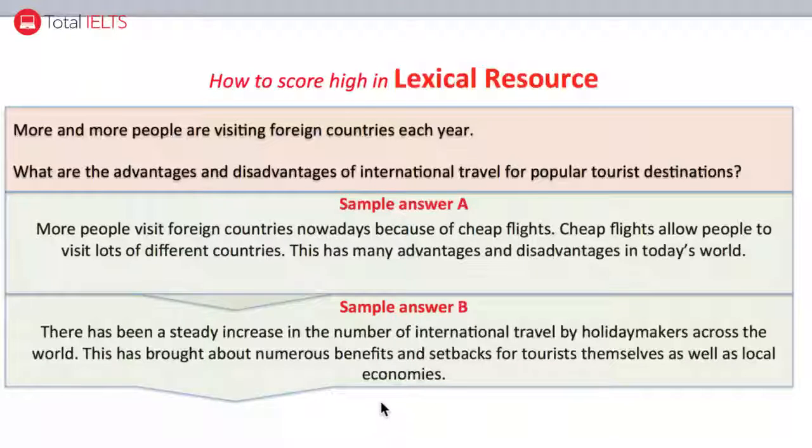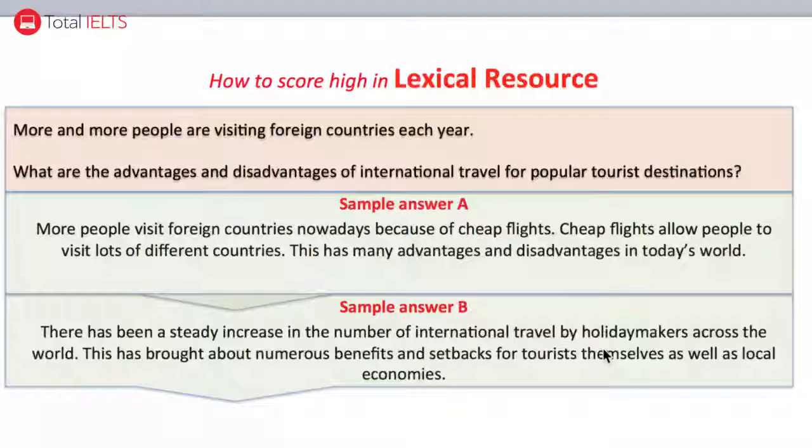On the other hand, sample answer B is a little bit better. Let's have a read. There has been a steady increase in the number of international travel by holidaymakers across the world. So, looking at the question again, more and more people are visiting foreign countries each year. Now, instead of people, this candidate used holidaymakers.